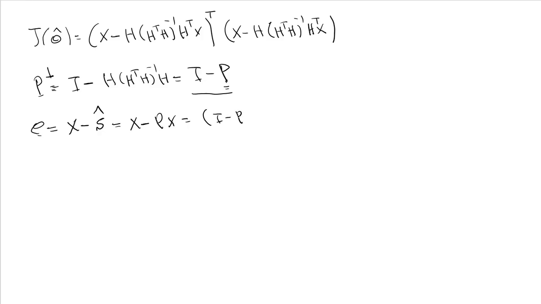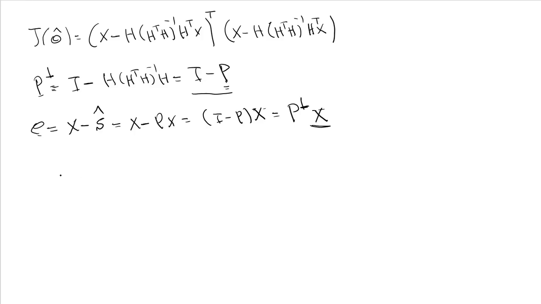It's I minus P multiplied by x. That means it is the projection of the observation vector to the noise space.